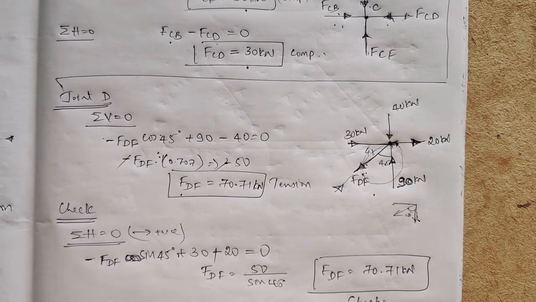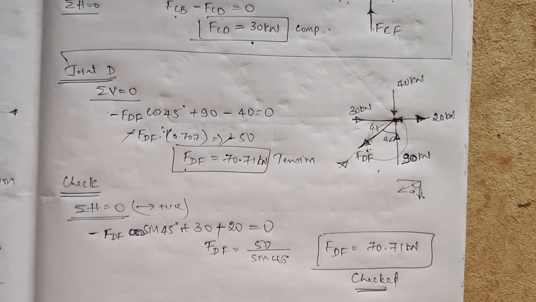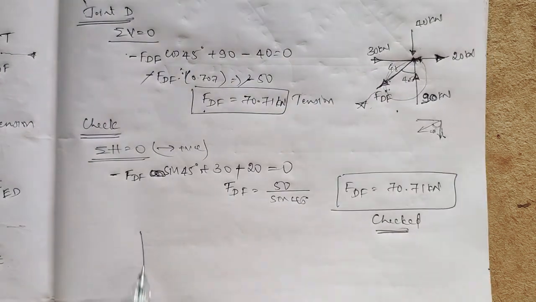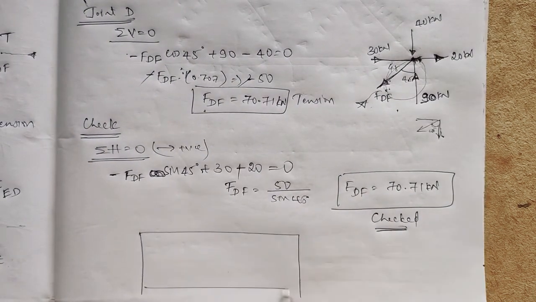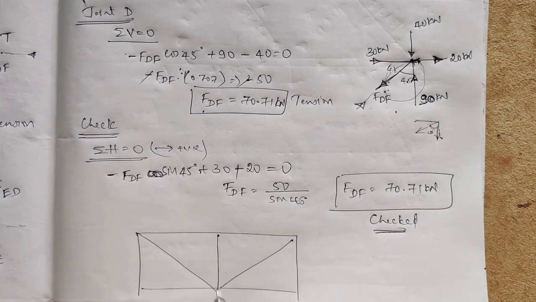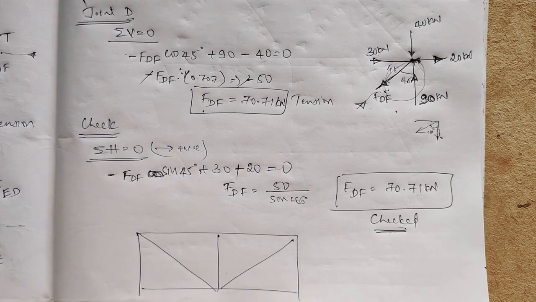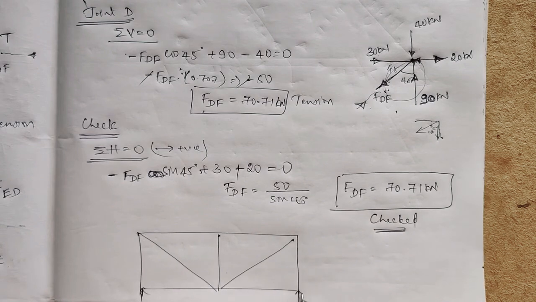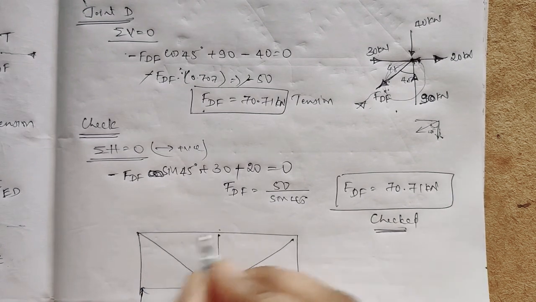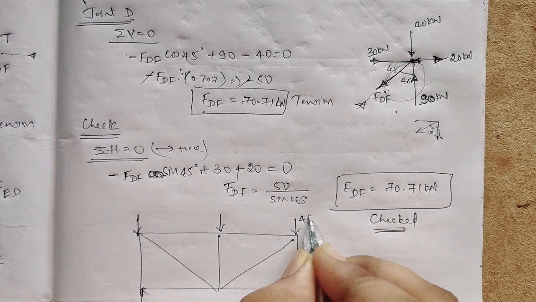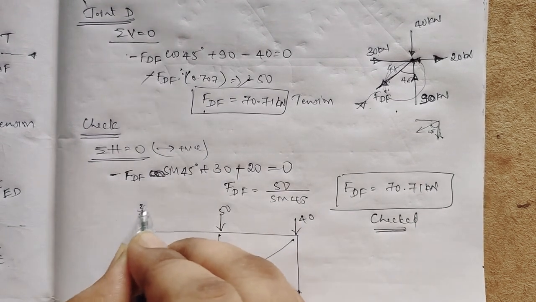Hence checked, our answer is correct, so our assumption is also correct. Now you draw the diagram again, and mention what is compression, what is tension, and what forces you got in each member. You do this, I'll just write roughly. So we had three forces here, so it is 40, 50, and it is 30.